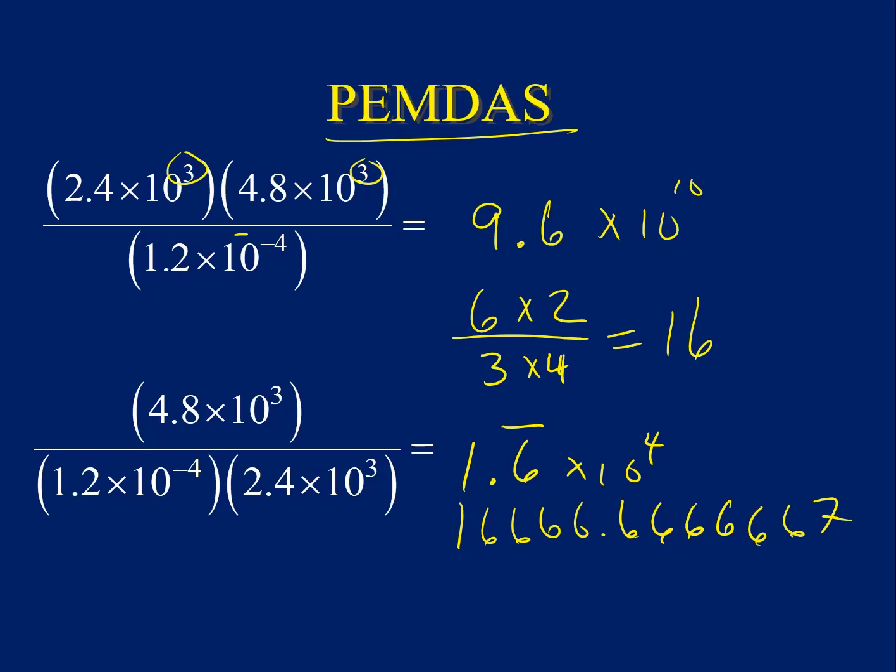I put 4.8 EE 3, it's on the top, divided by 1.2 EE negative 4. That's my second number. Now the 2.4, it's on the bottom, divided by 2.4 E3, and I got the same answer again.